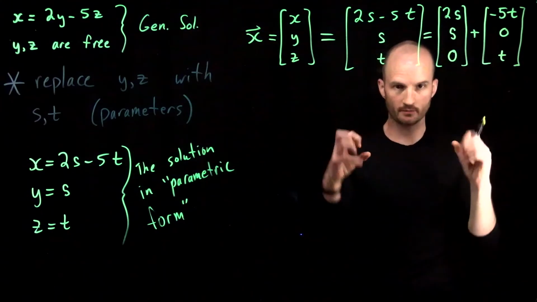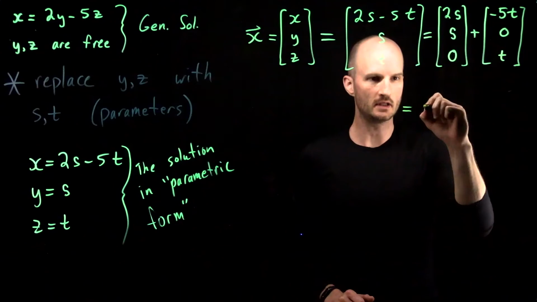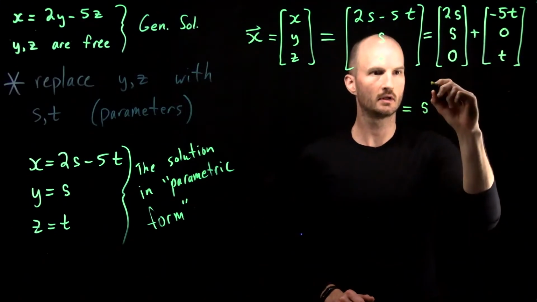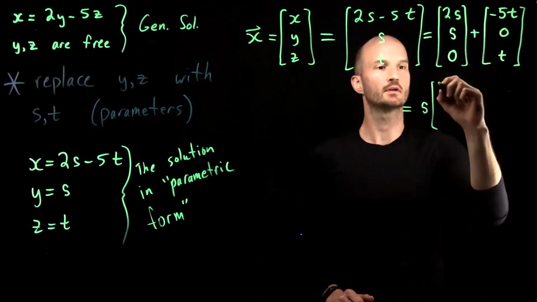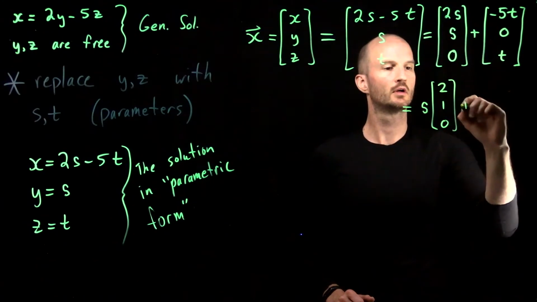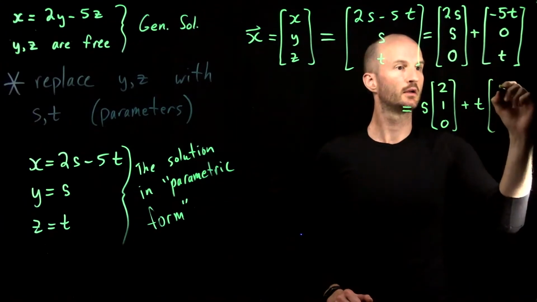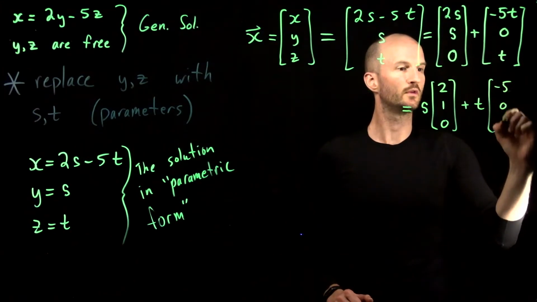Now that I've pulled it apart into an s vector and a t vector, I can factor out the s here. S times (2, 1, 0) plus t times (-5, 0, 1).